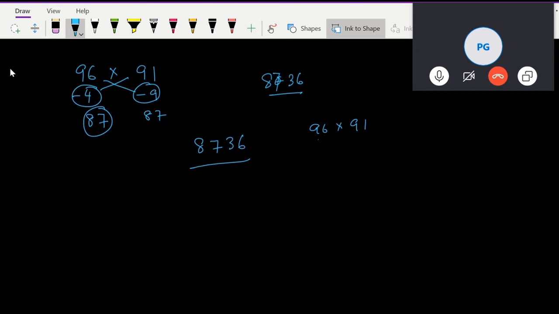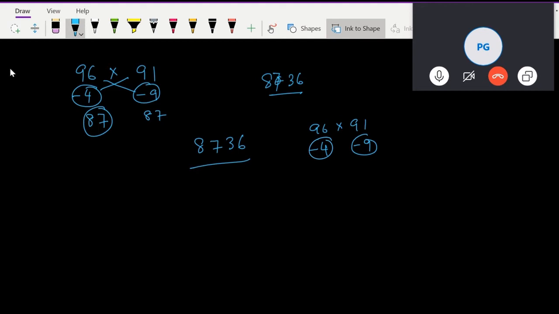So 96 means it is 4 less than 100. So minus 4. 91 means it is 9 less than 100, right?